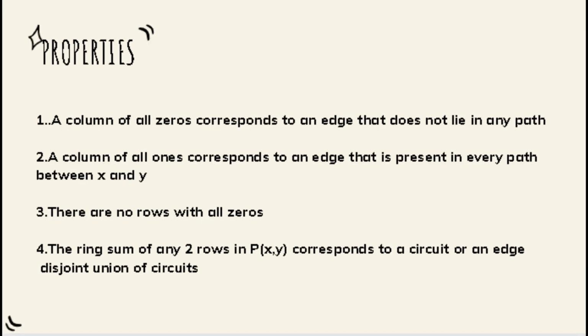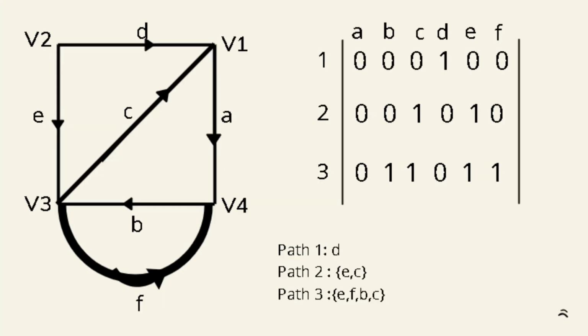And the fourth property: the ring sum of any two rows in P of xy corresponds to a circuit or an edge-disjoint union of circuits. This means, I hope everyone knows ring sum, so let's take two rows. Let's take path 1 and path 2.